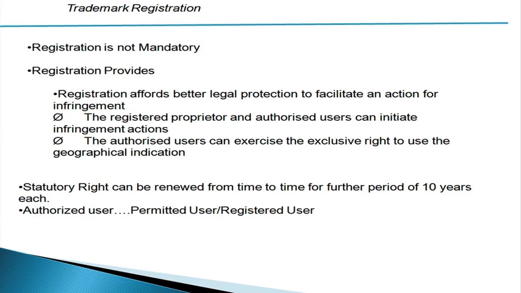Another part I forgot to mention, let us discuss here a little bit. In India, there are also marks in the form of a smell, a hologram, a touch, a sound.